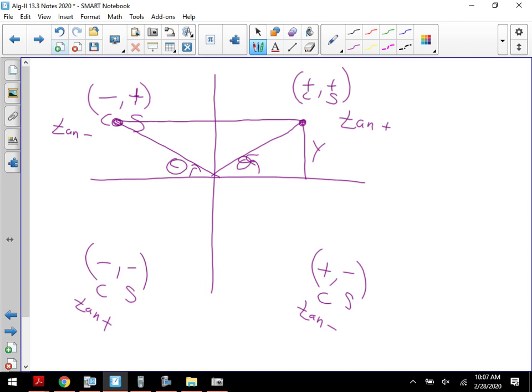As it reflects to here, that theta value is the same going down to here, but the x value doesn't change because they're vertical to one another. And then as it goes back to here, that y value stays the same because they're horizontal to one another. Once you know a reference angle in the first quadrant, you can find it in all quadrants.